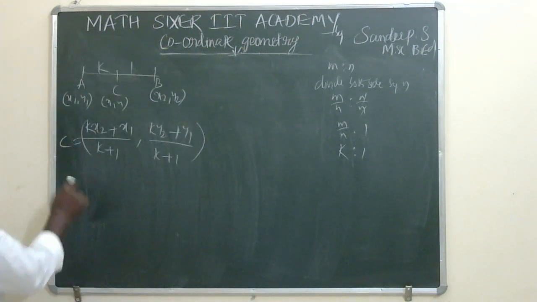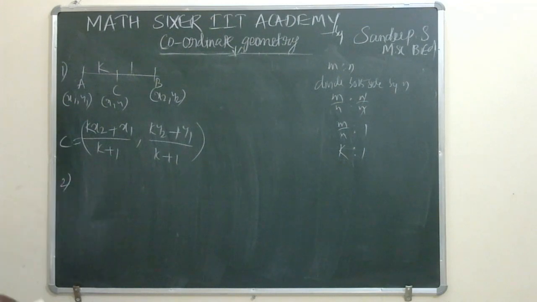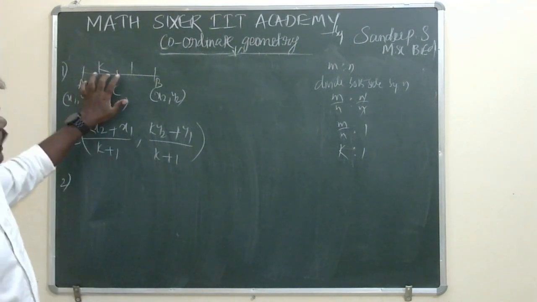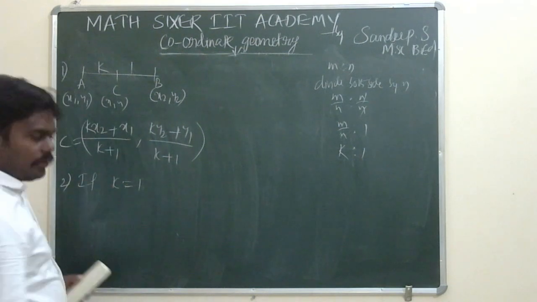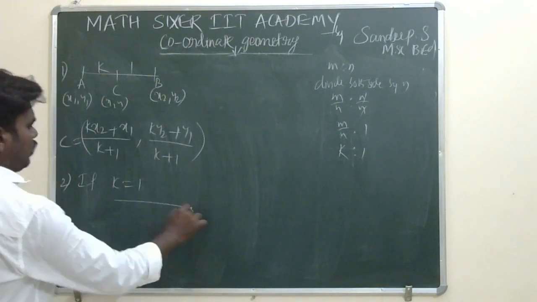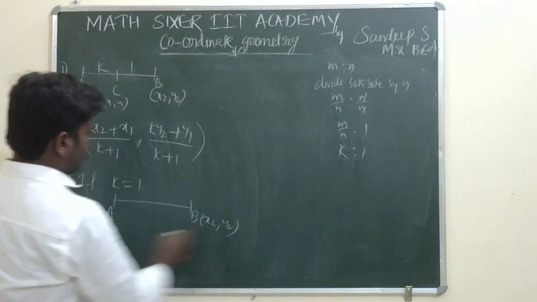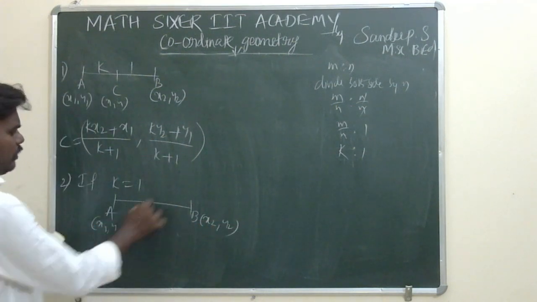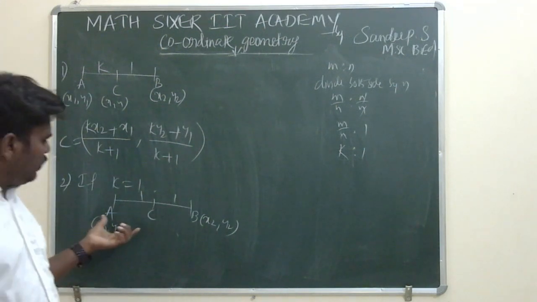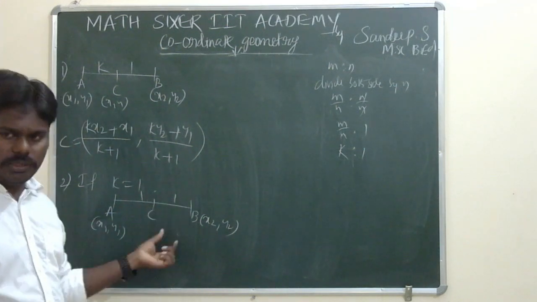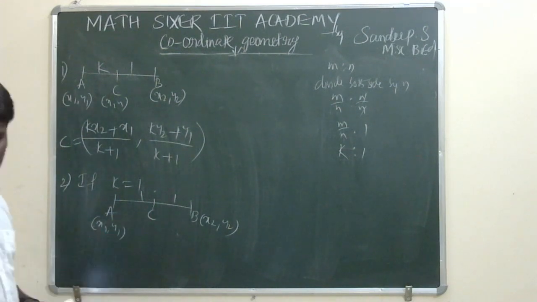Next, suppose this k is equal to 1, then what will happen? Here A and B, with x1, y1 and so on, and C divides in the ratio 1 is to 1. So when C divides AB in the ratio of 1 is to 1, that means equal ratio, and equal ratio means C is the midpoint.